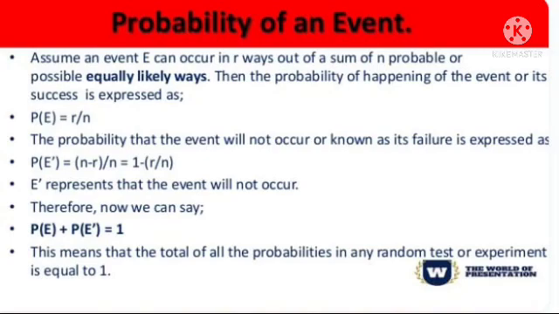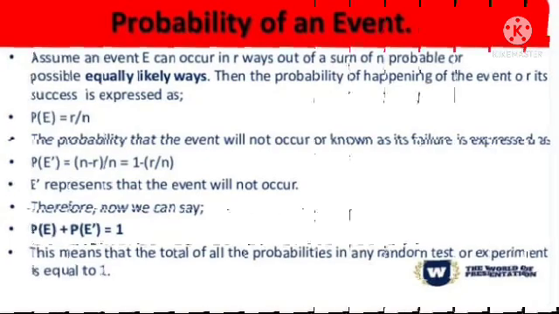E dash represents that the event will not occur. Therefore, now we can say that probability of an event, that is P(E) plus P(E'), is equal to 1. This means that the total of all the probabilities in any random test or experiment is equal to 1.